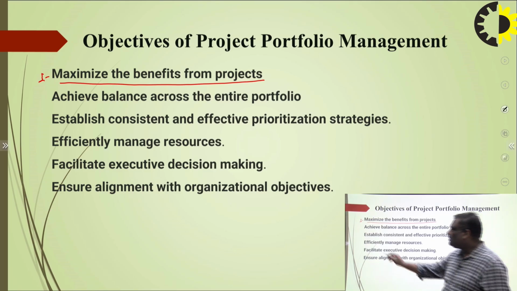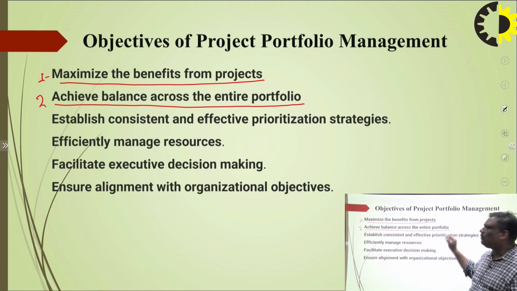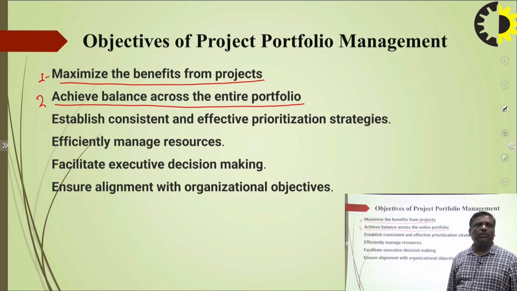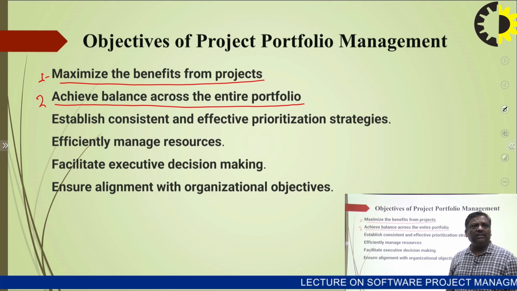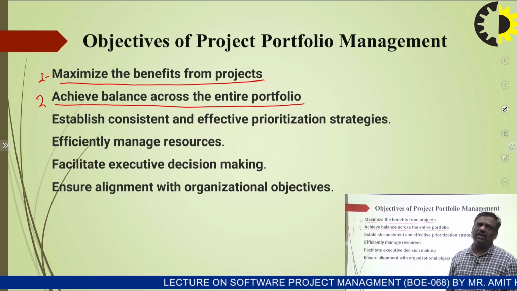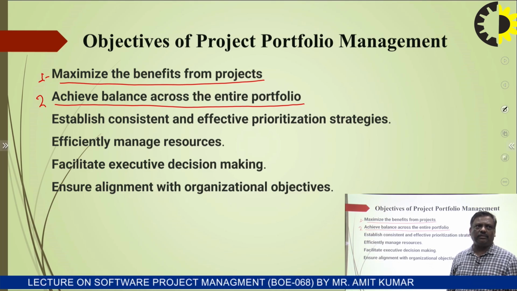And the second one is to achieve balance across the entire portfolio. That means we have a number of projects in our organization and we align them, and across all projects we find the balance according to scheduling, budget and staffing.